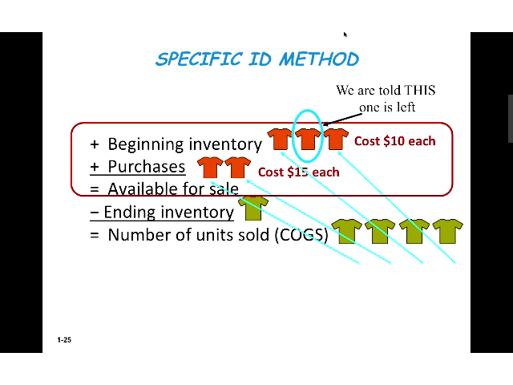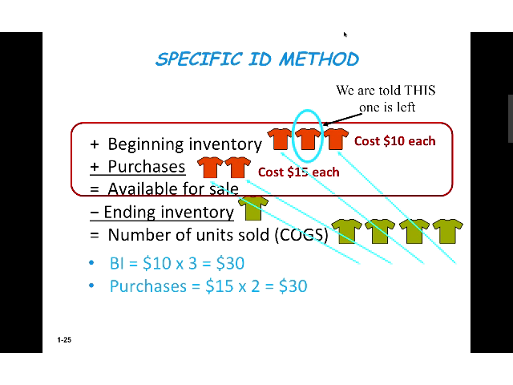So let's just say that we're told that that one t-shirt back in beginning inventory is left. That's the one that we haven't sold. Okay, well, if we're told that here's the t-shirts that's left, let's say these t-shirts have serial numbers so we know which one's left.